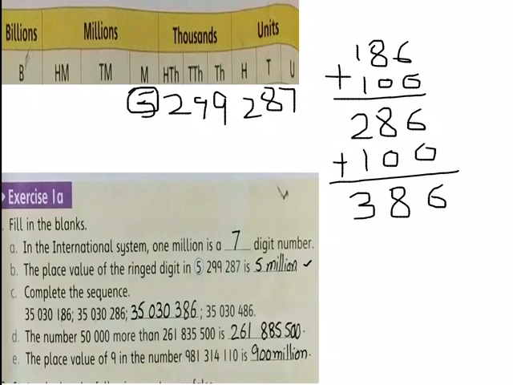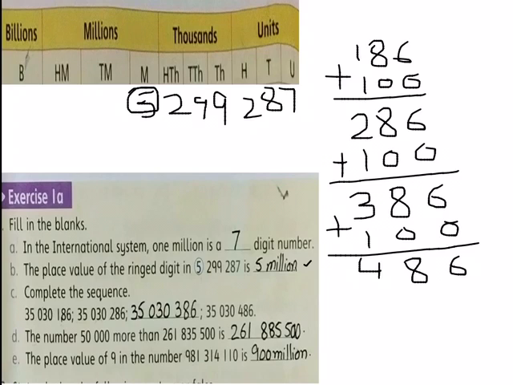Understand? Now we will add 100 more to 386 and we will get 3 plus 1 is equal to 4. So the answer will be 35,030,486. Understand?